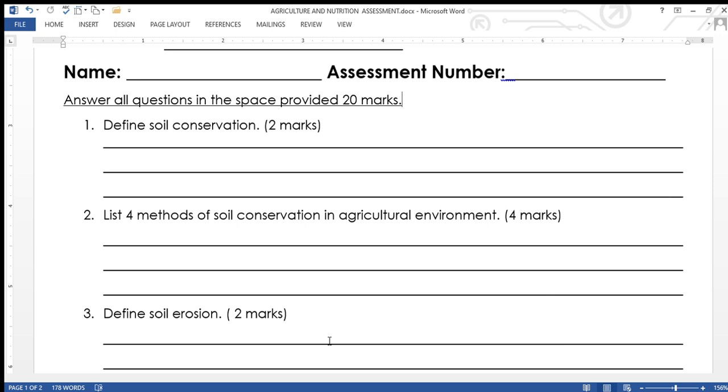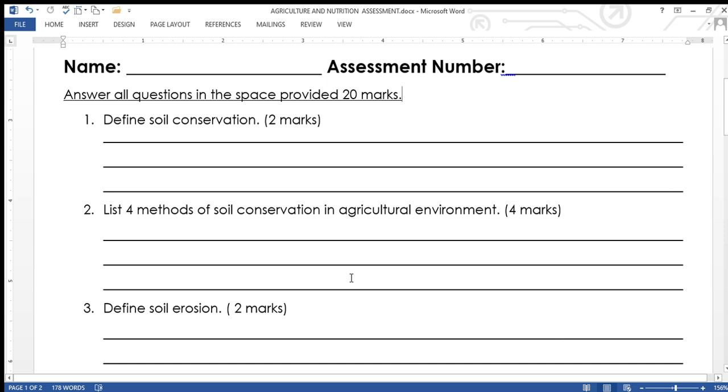Stone line involves piling stones along the contours. Trash line involves heaping of large materials placed along the contours to reduce the speed of surface gravel. Soil bank is heaping the soil along the contours so that it conserves the moisture of the banks.